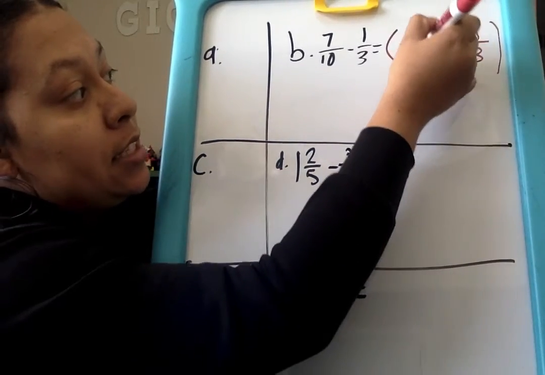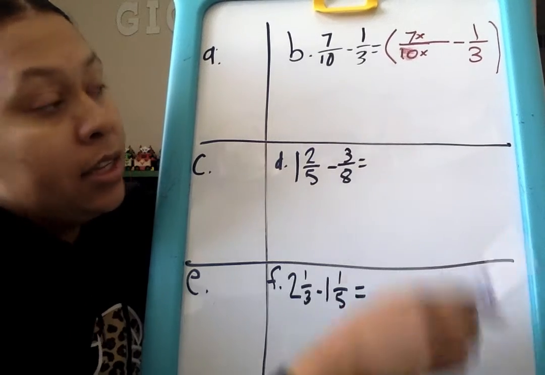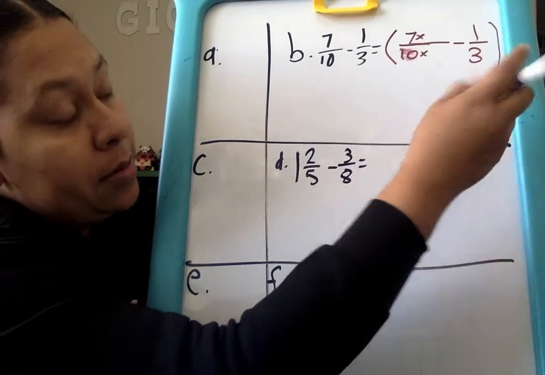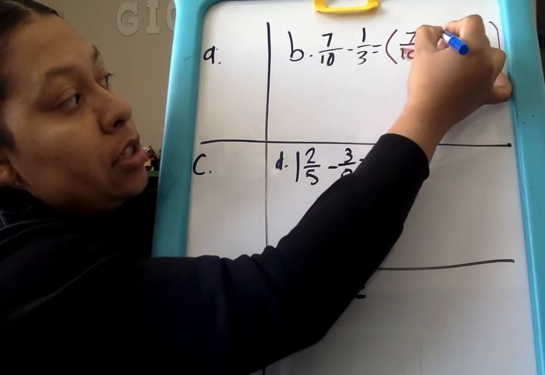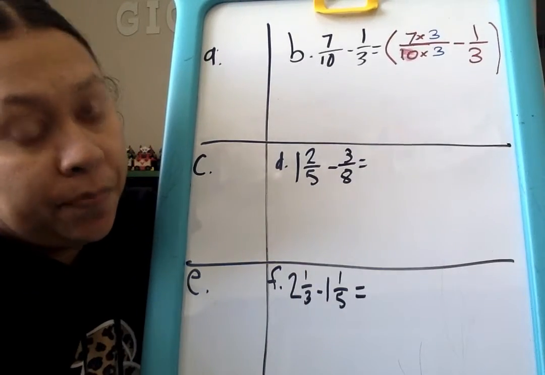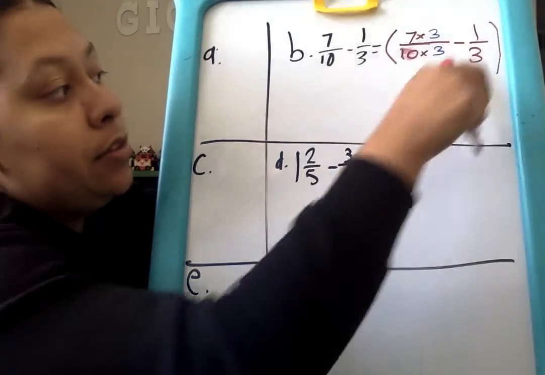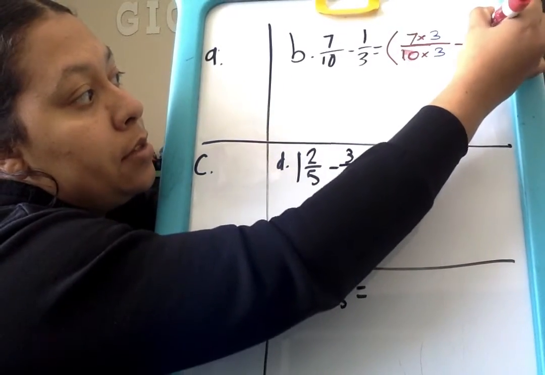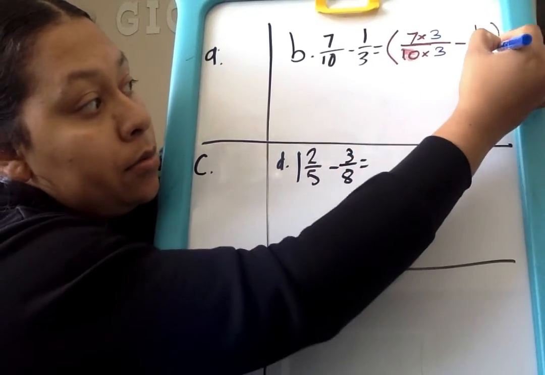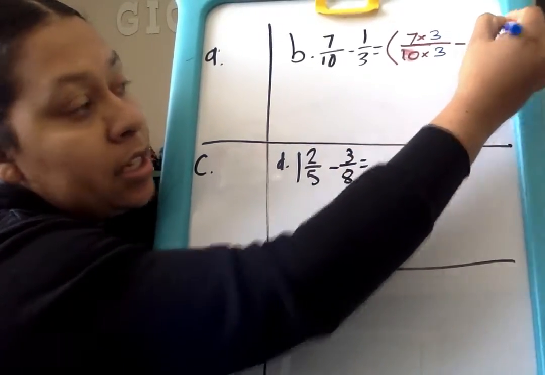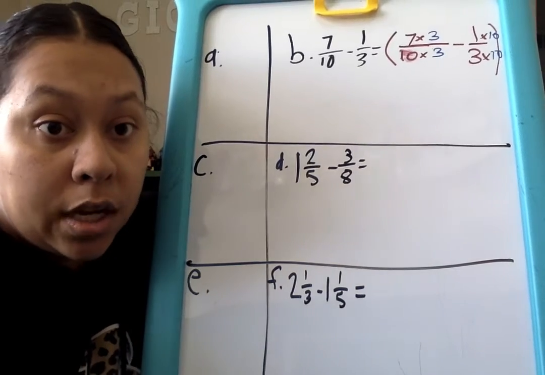So we would have 10 times, so we're going to multiply by the opposite denominator, which is 3. And what you do to the bottom, you have to do to the top, times 3. Then we would have 3 times the opposite denominator, which is 10. So times 10 and times 10. What you do to the bottom, you have to do to the top.